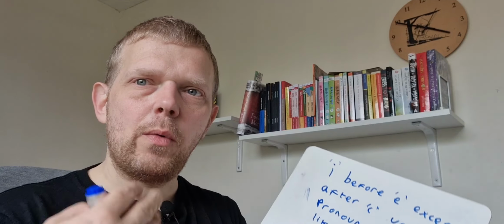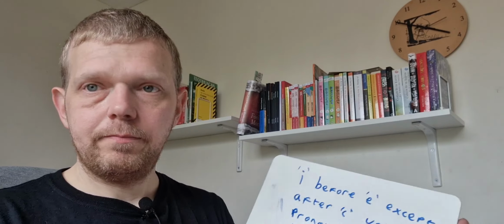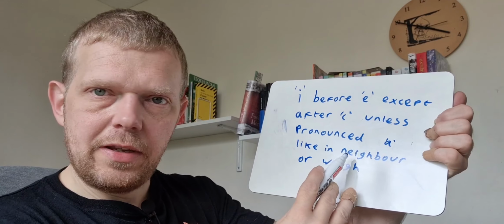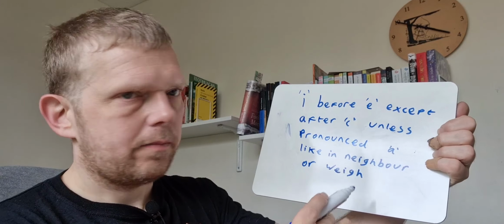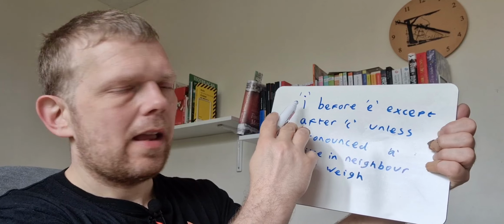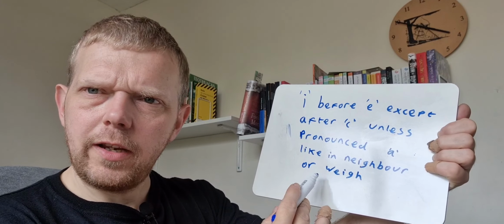And now I will give you some examples. The first examples I will give you are these two words here, neighbour and way. The rule says I before E, so that's wrong.